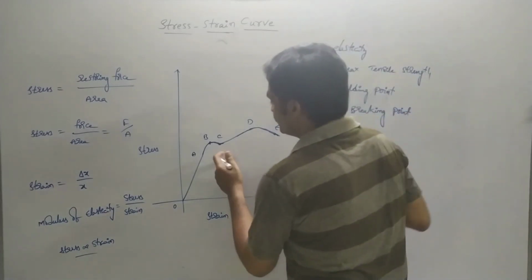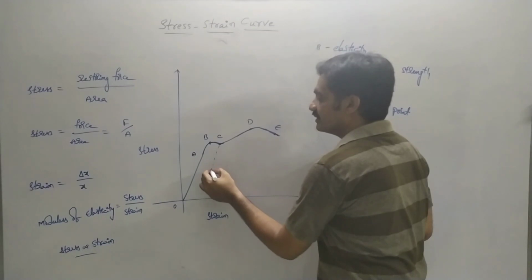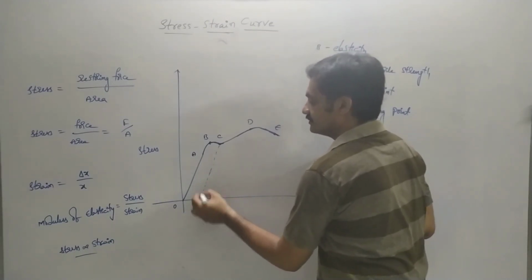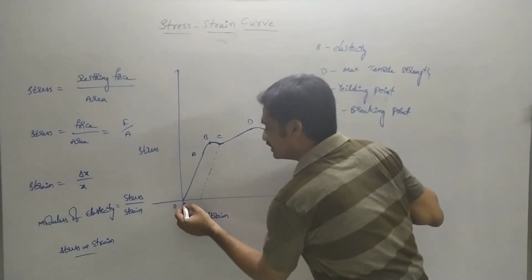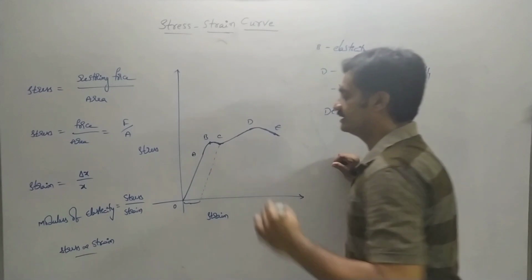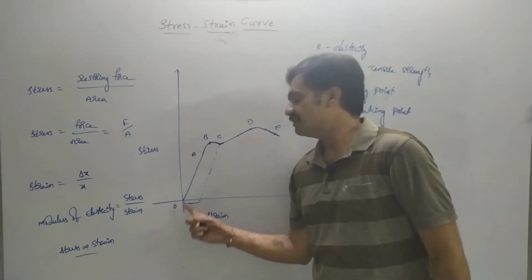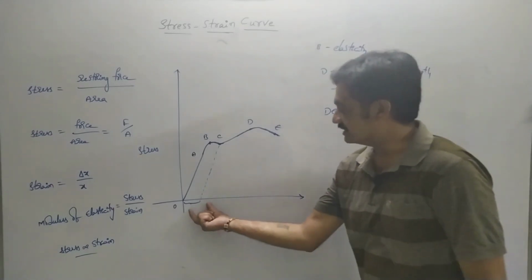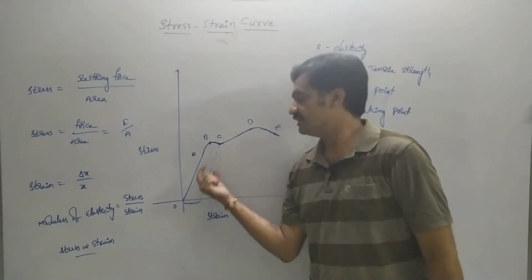As you observe the point C, this point C represents the permanent set. Permanent set means that for this strain, the maximum amount of stress will be acting on the wire. Observe this. So that's why C is represented as the permanent set.